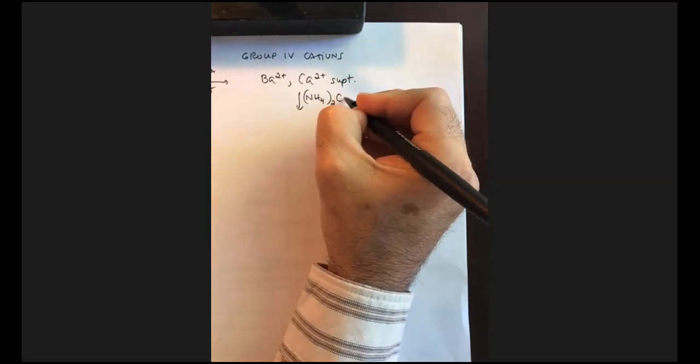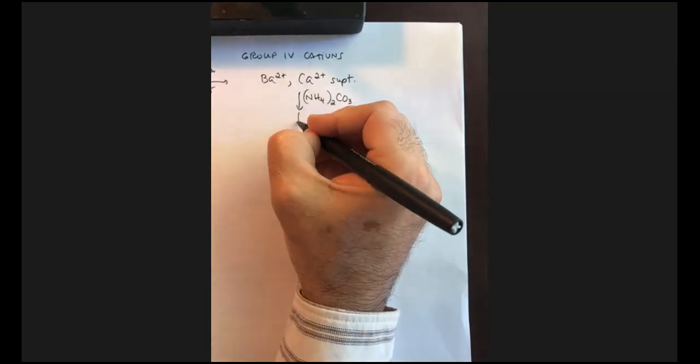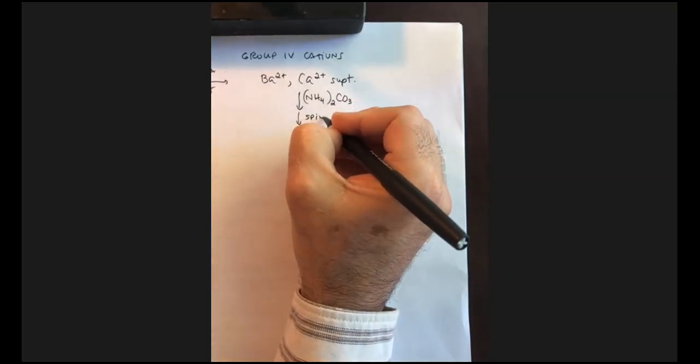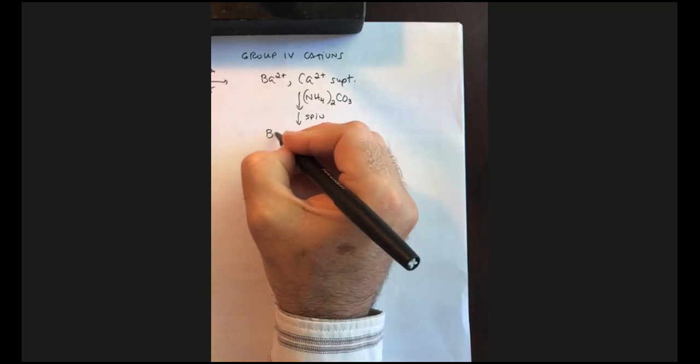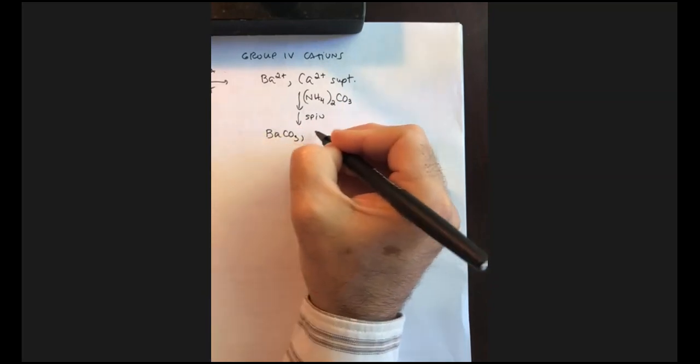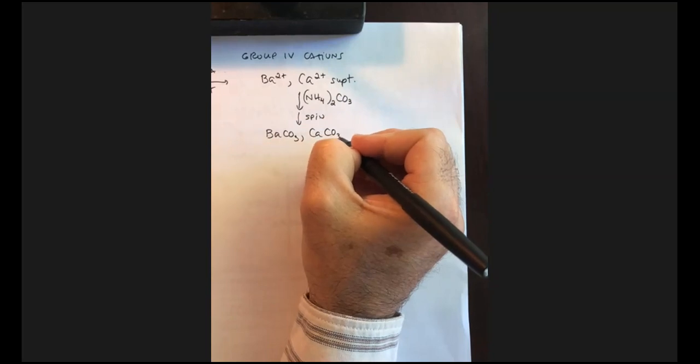In some textbooks where they discuss this sequential qualitative analysis, sometimes they use a phosphate precipitation, but we're going to use the ammonium carbonate. After you spin, you're going to have a precipitate that has barium carbonate and calcium carbonate.